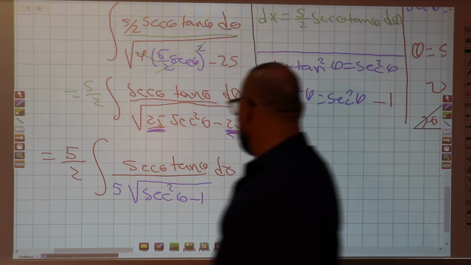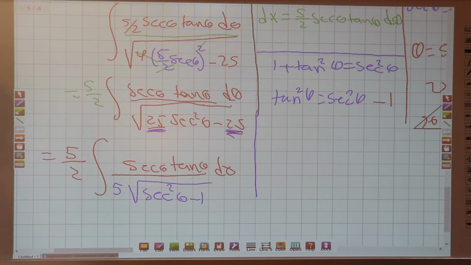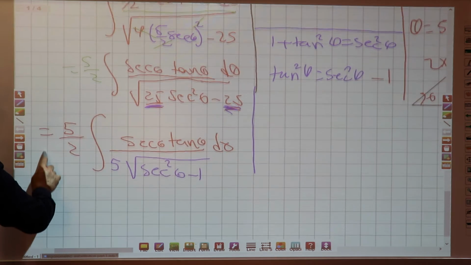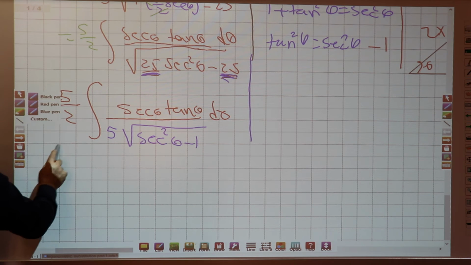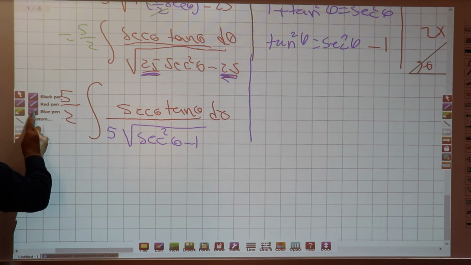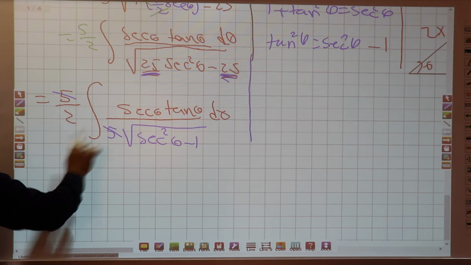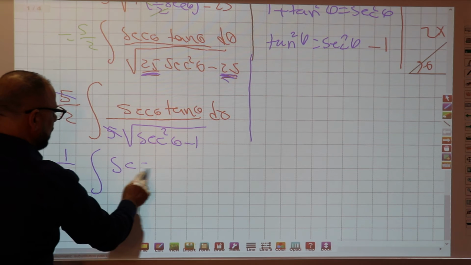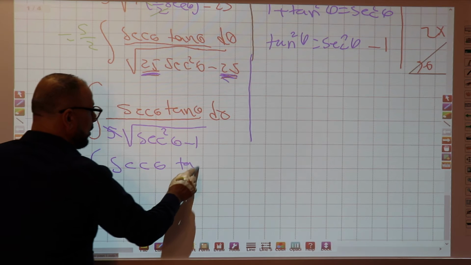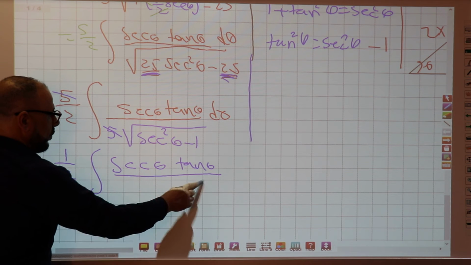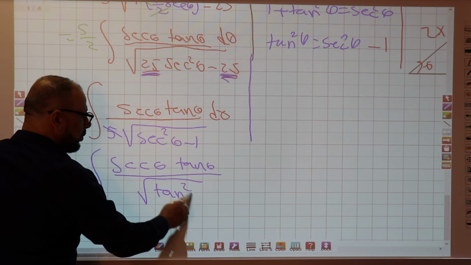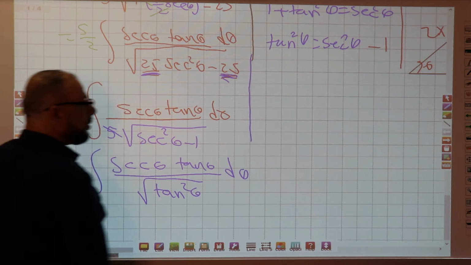Okay, good. Then let us apply this here. 5 over 2, and see here, the 5 and 5 cancel each other out. 1/2 secant theta tan theta over square root of tan squared theta d theta. Good.